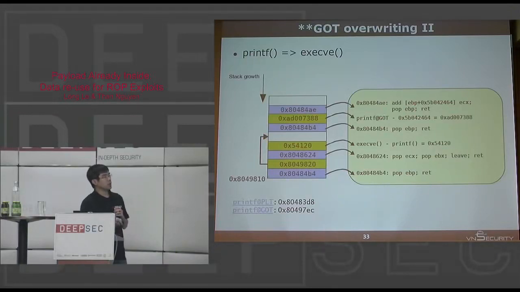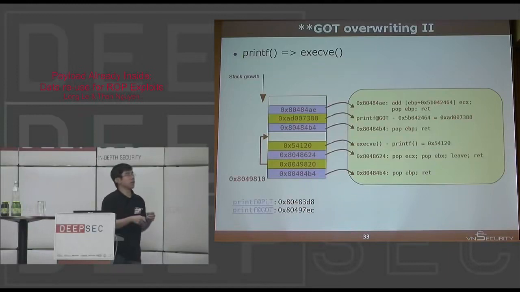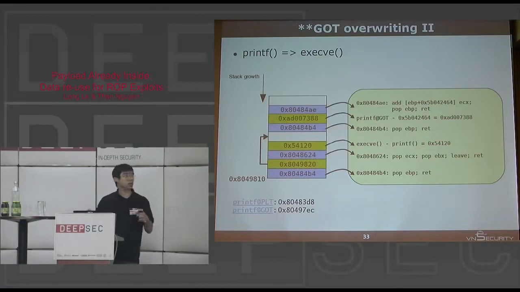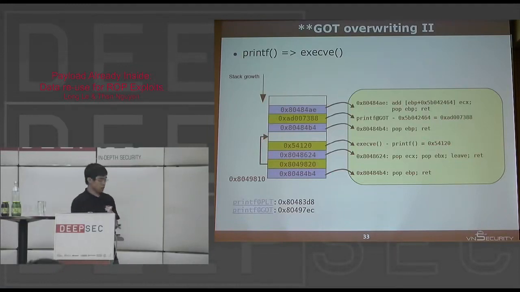This value is actually the printf GOT address minus this one, because the gadget we have is something like this, so we have to offset that. So after this, the GOT entry of printf will be added this value, and it becomes the address of execve in the library.